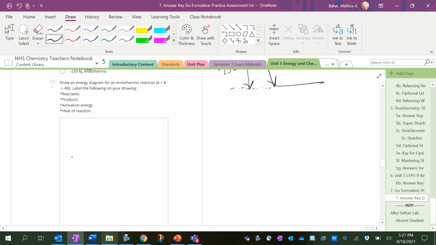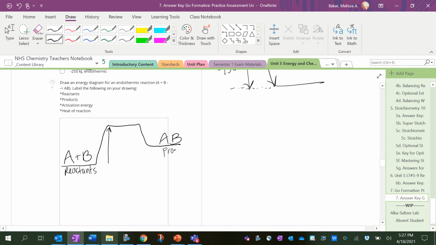Draw an energy diagram for the reaction. It's endothermic. Okay. A plus B makes AB. So we've labeled our reactants and our products. Activation energy. And also write it on here just so it's super clear.